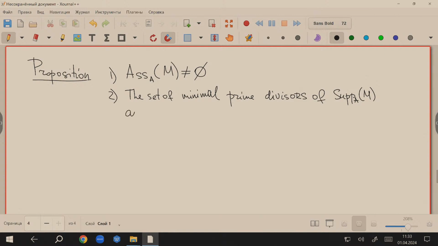So the minimal prime ideals of the support and of the associated prime ideals of M coincide.